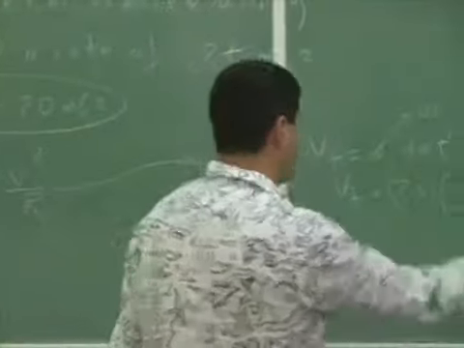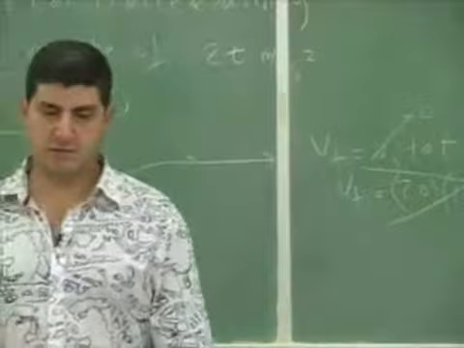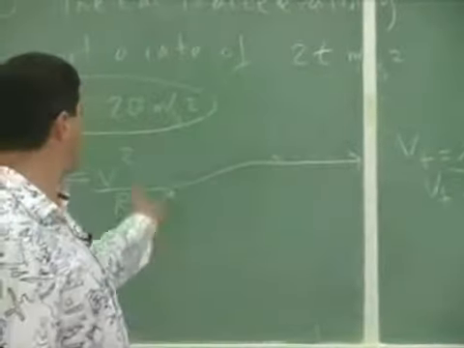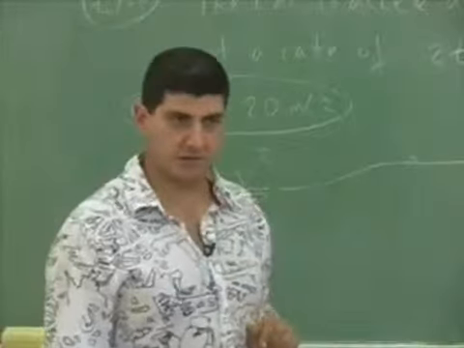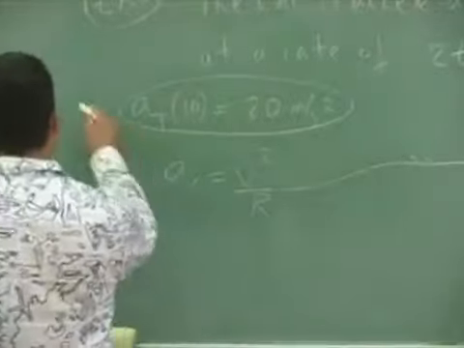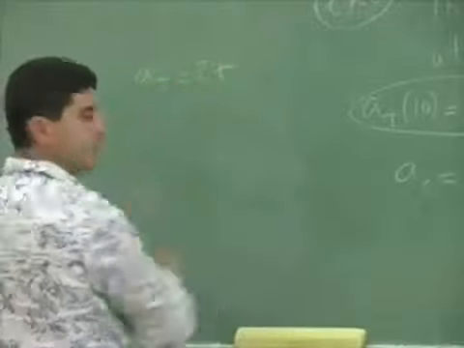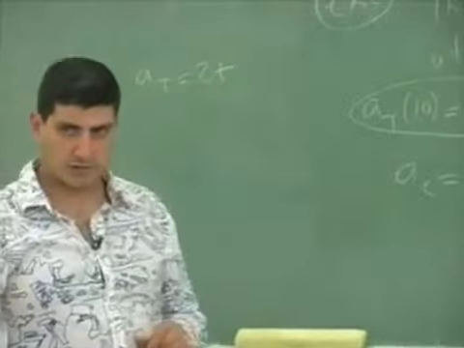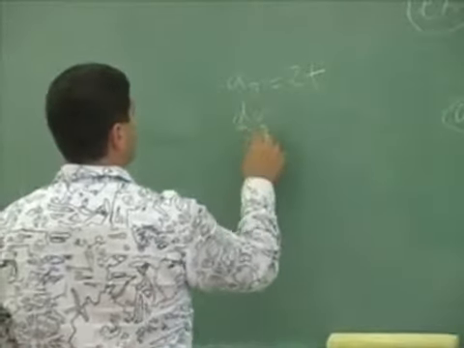So you can't do this to find the final V. How can we get the final V if the A is non-constant? Well, then you have to say AT is equal to 2T, right? Then you have to say AT is dV/dt.